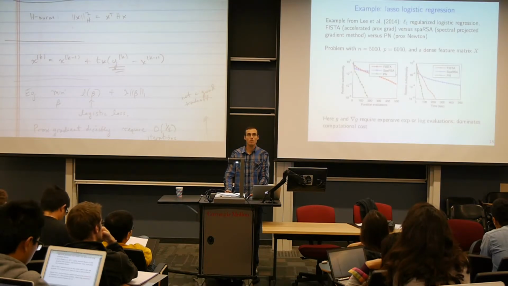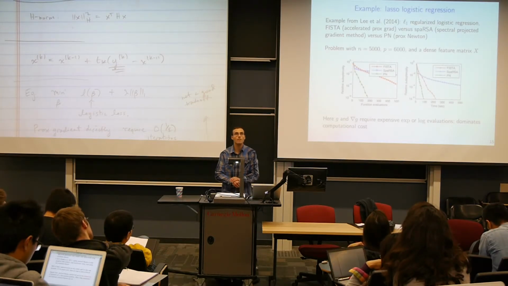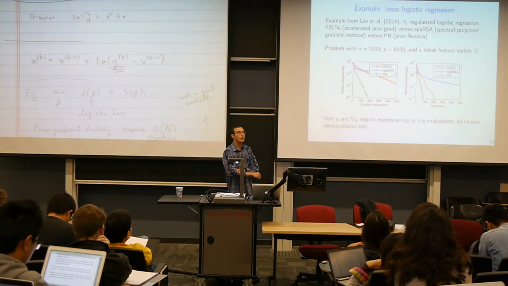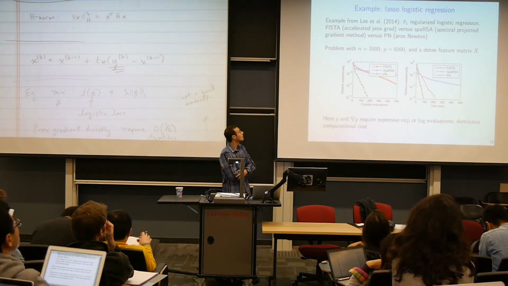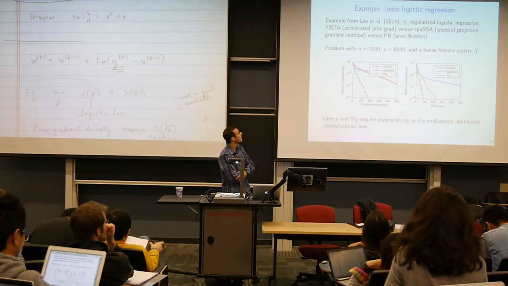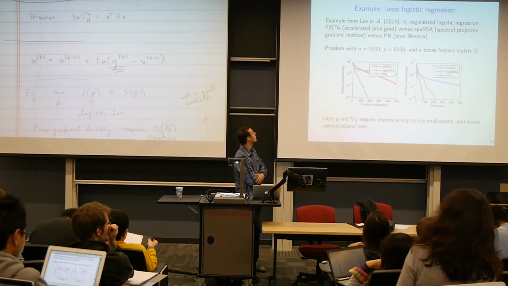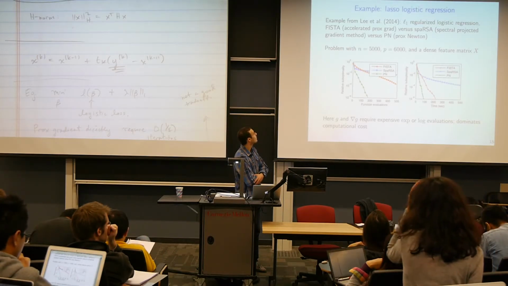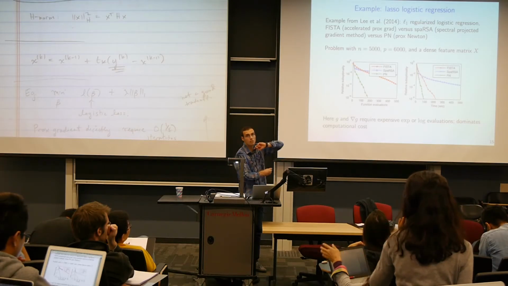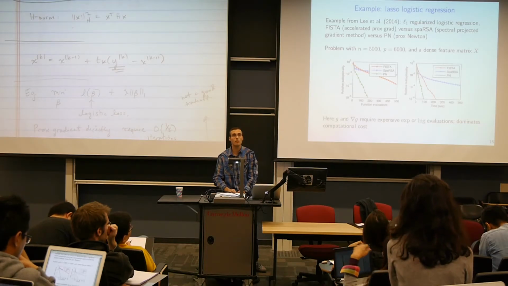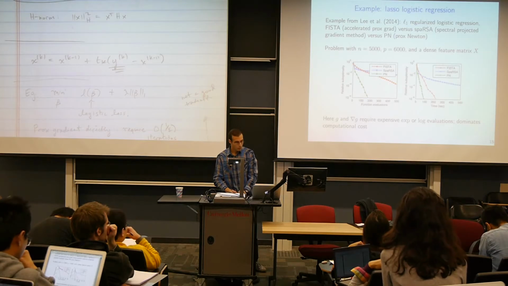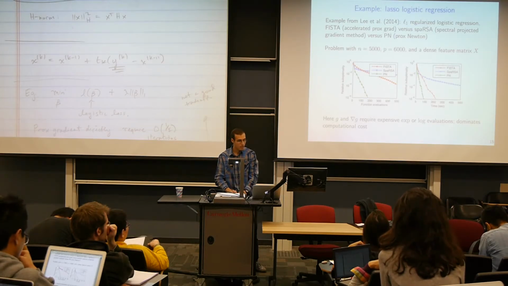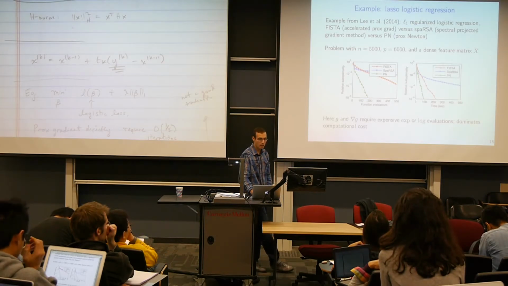So let's go through some examples. I took these from the Lee paper. Here we're looking at L1 regularized logistic regression. We're going to apply proximal Newton with coordinate descent as the inner loop. We're going to apply FISTA, which is just proximal gradient but with acceleration.